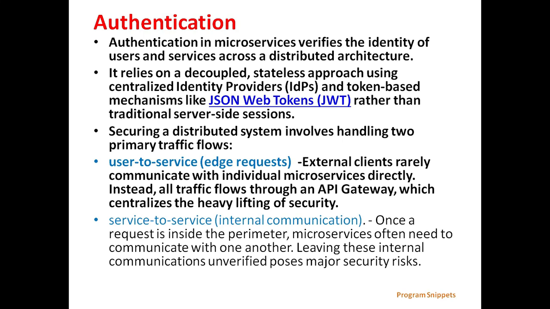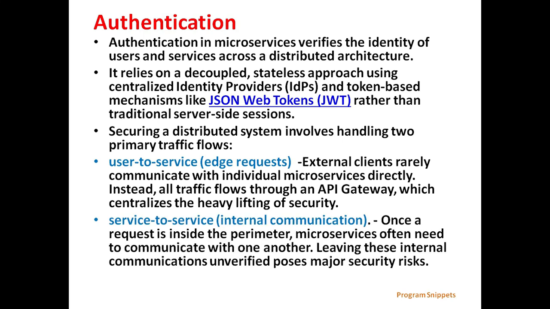Here, external clients rarely communicate with individual microservices directly. Instead, all traffic flows through an API gateway, which centralizes the heavy lifting of security. And service to service. Once a request is inside the perimeter, microservices often need to communicate with one another, which, if left unverified, poses a major security risk.